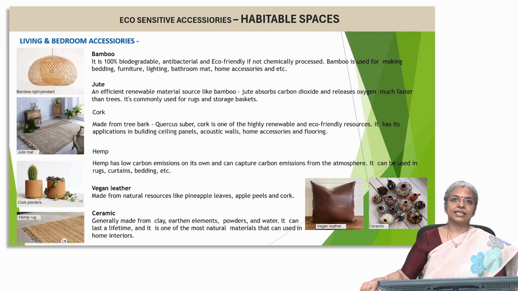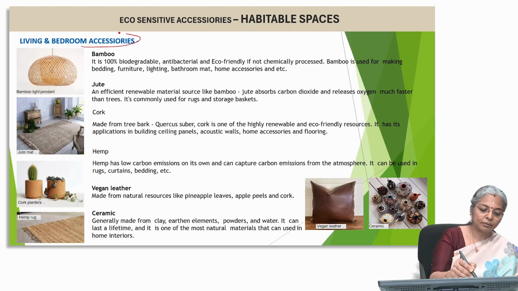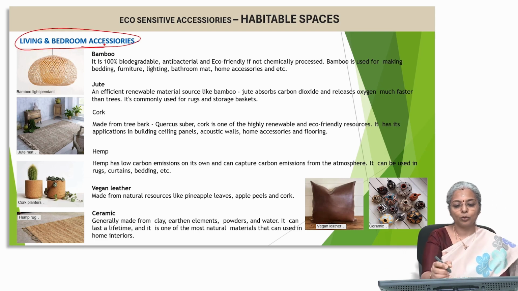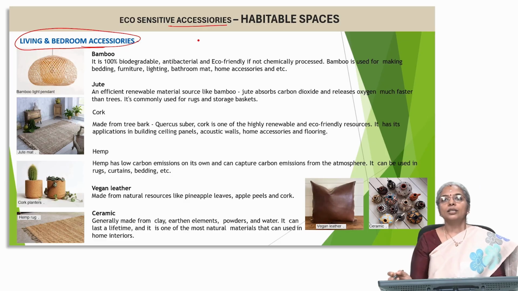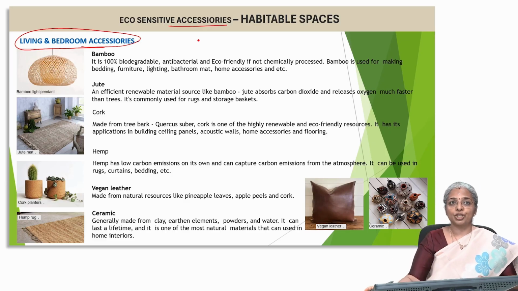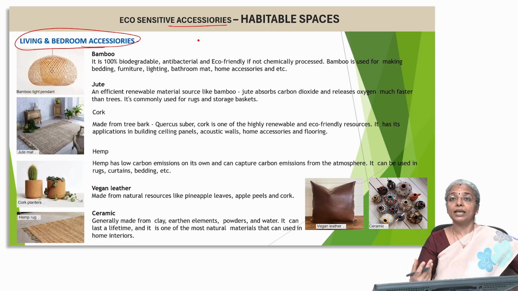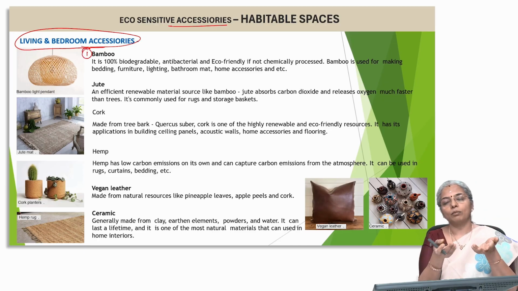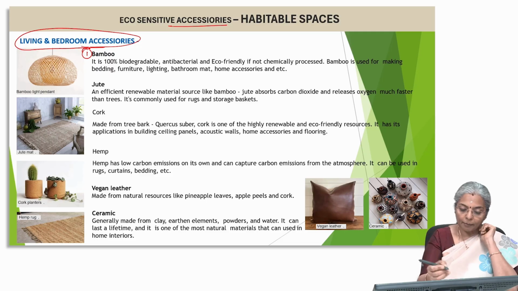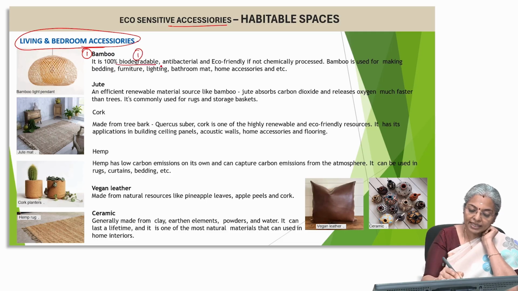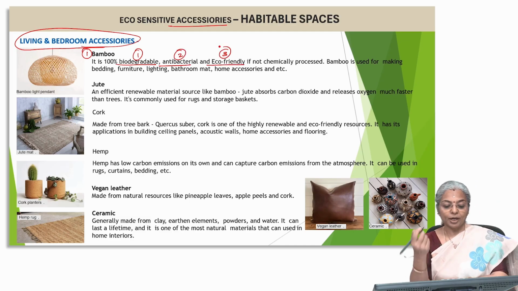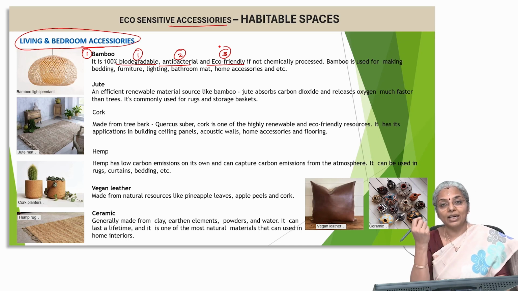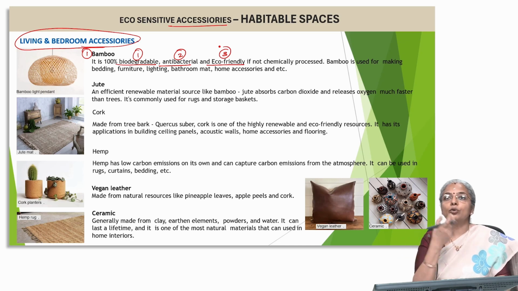Then the next thing we will see is accessories in habitable spaces like living and bedroom accessories. So, we can look at accessories which are environment friendly, eco friendly and so on. For example, we can use bamboo because bamboo is 100% biodegradable, it is antibacterial and it is eco friendly because bamboo is a type of grass and it is a renewable source of building material.